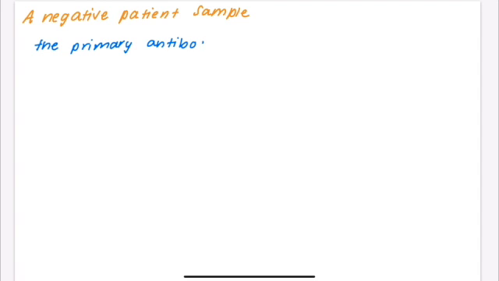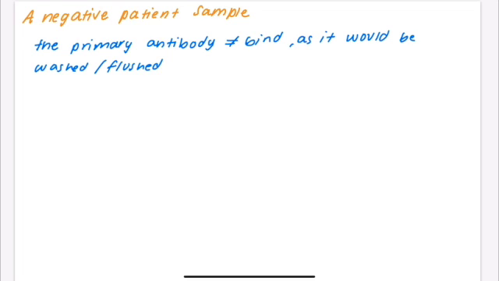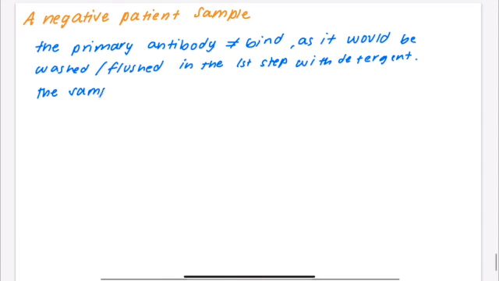Now, a negative patient sample will show that a primary antibody did not bind and was flushed originally during the step with the detergent. This is similar to how we were analyzing the original negative control option, so it would be explained in the same way. The sample would not have any antibodies, showing that the patient exposure to ELISA will not have any binding to the secondary antibody.